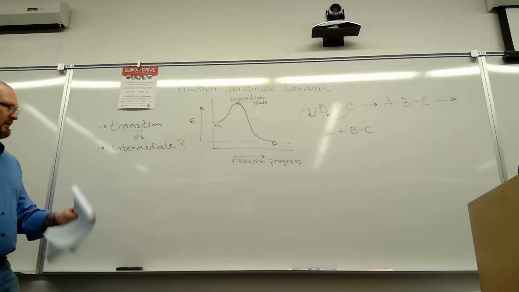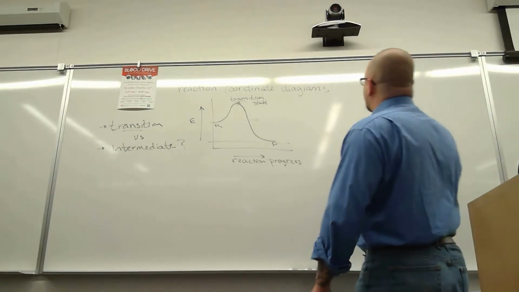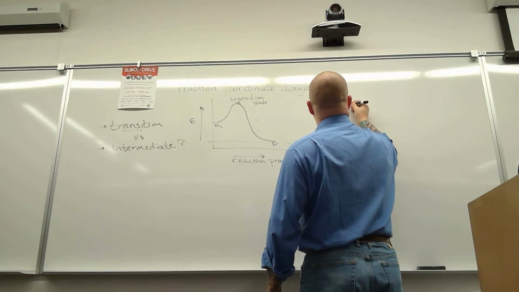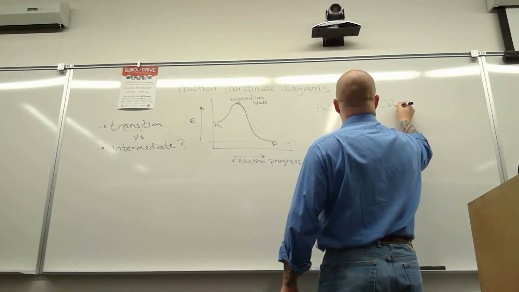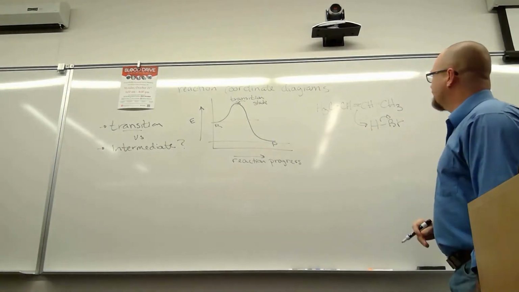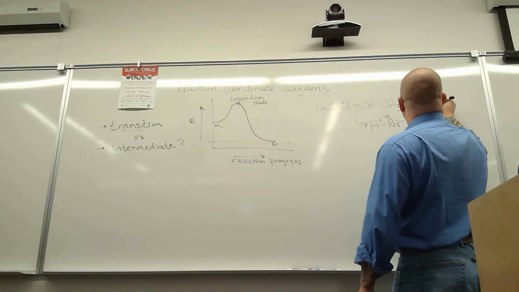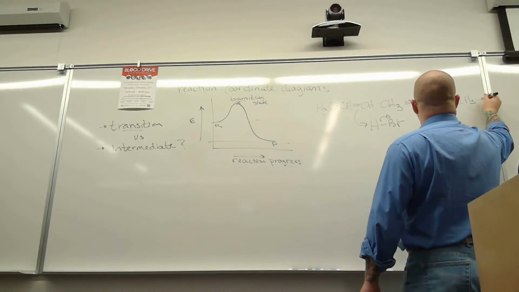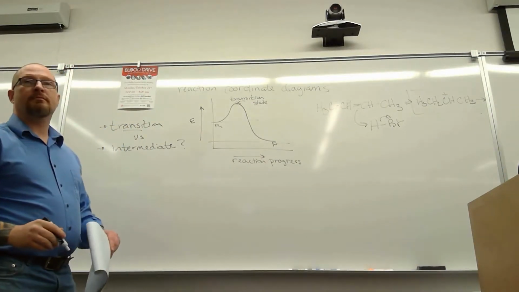An example of an intermediate would be when we were pushing electrons in the last class, and we had this nucleophilic attack where the alkene attacked the proton, kicking off the bromide, and that gave us this intermediate.